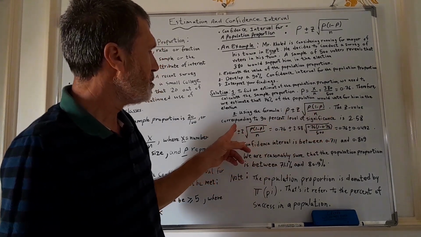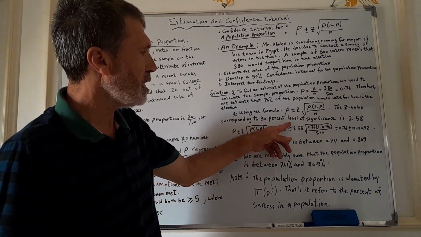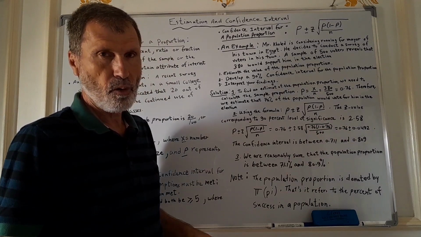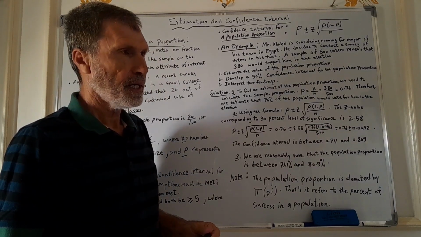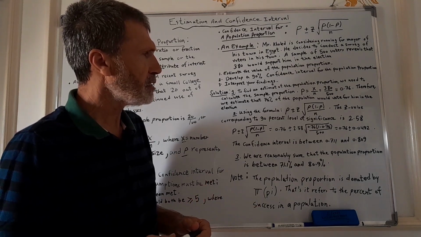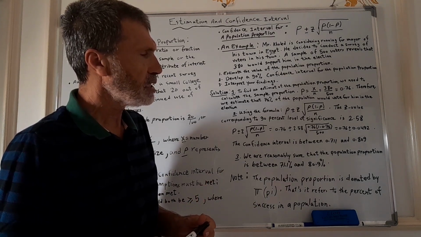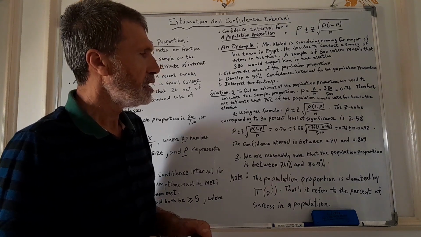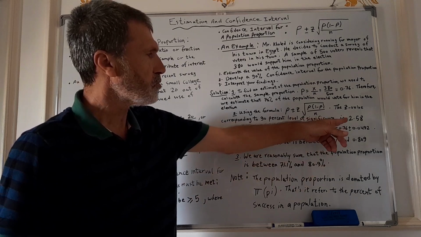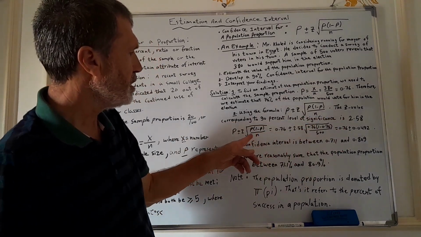The z value corresponding to the 90% confidence level is 2.58. We have already talked about how to find the z value using the z table. When you have a standard normal distribution, you come up with z equals 2.58. Now we plug this into the formula.